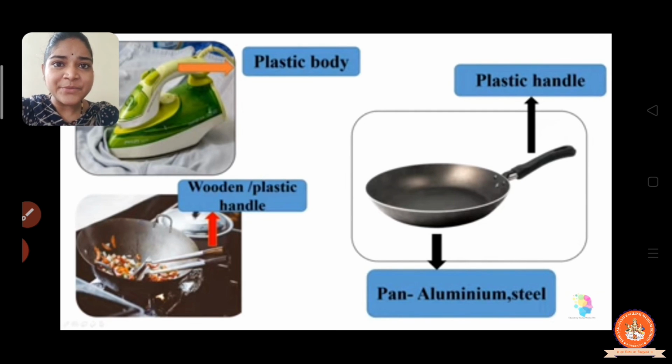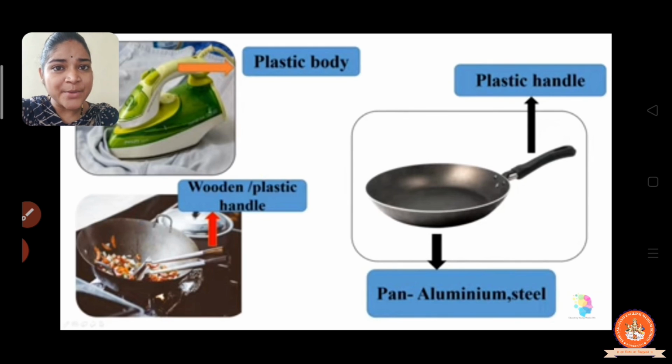Now again I repeat the definitions of conductors and insulators. The materials which allow heat to pass through them are known as conductors, and the materials which do not allow heat to pass through them are known as insulators.